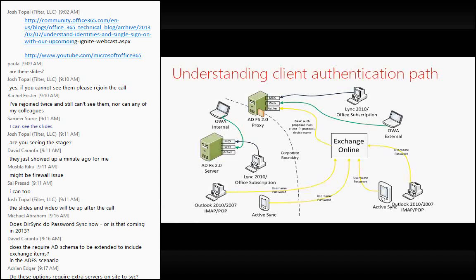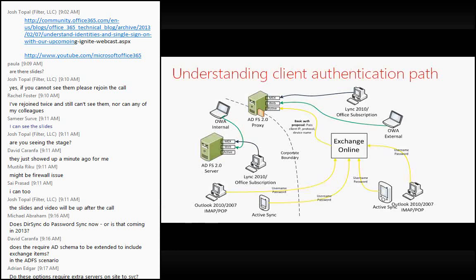It will realize that company.com is federated, so using ADFS, we've connected our ADFS on-premises servers to Office 365 and told them that company.com is a federated domain. So when I type in user@company.com to access my Exchange Online mailbox, it goes, oh, you're a federated domain, and it will then connect to the name of that federation farm, which may be federation.company.com.